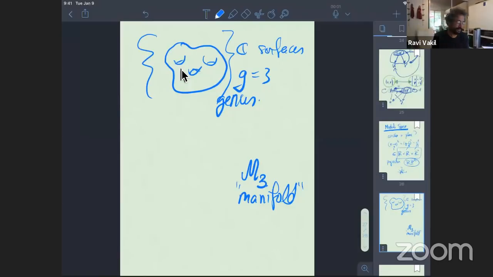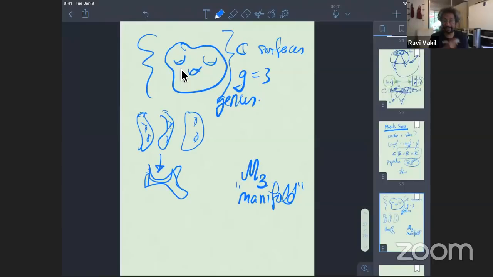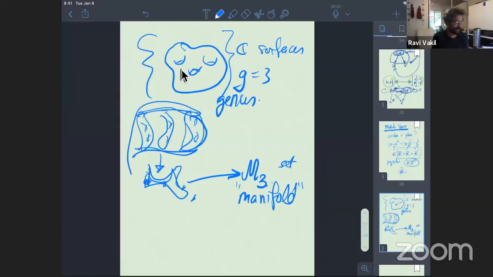Well, if there is such a space, what it should mean is that anytime I have a family of such curves, some nice family of Riemann surfaces, we need to make that make sense later on, then to every point down here there should be a corresponding Riemann surface. So there should be a point in this thing, which might just start off being a set. In other words, the families correspond to maps to this thing here.